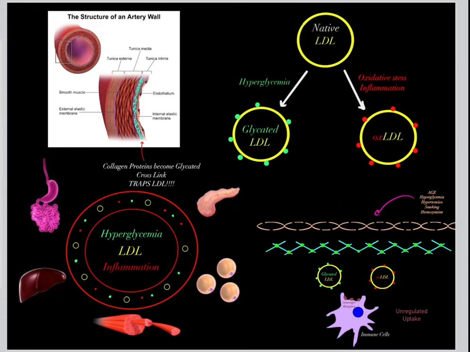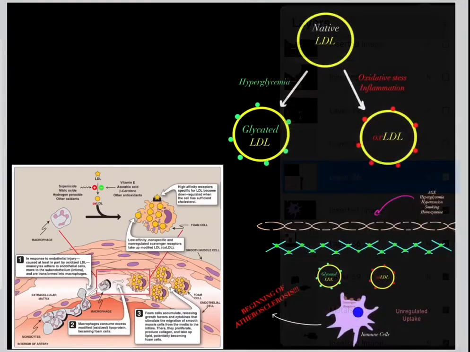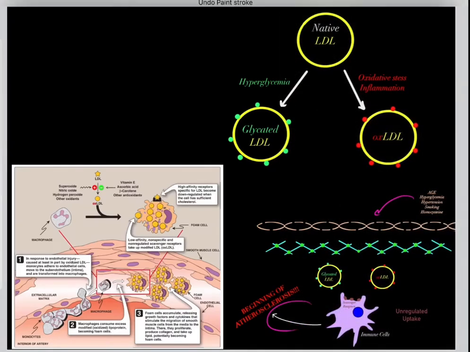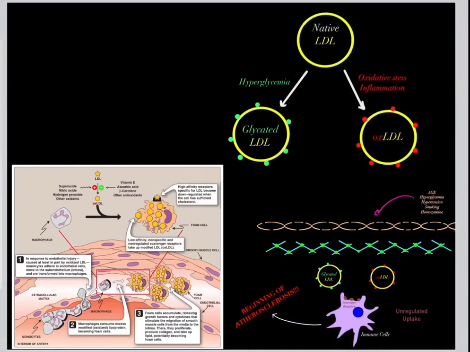And what's really important to realize is these modified LDL particles, like oxidized LDL, have unregulated uptake by these immune cells. Once these immune cells in an unregulated fashion take up these LDL particles, that is the beginning of atherosclerosis. That forms the foam cells, which then leads to plaque.